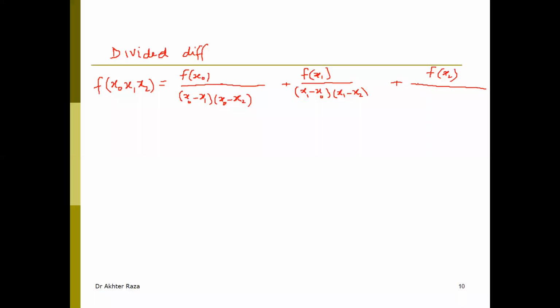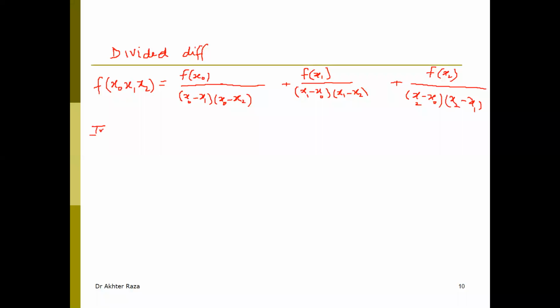If it is x2, then we have x2 minus x0 as the first bracket and x2 minus x1 as the second bracket. Only x2 minus x2, x1 minus x1, and x0 minus x0 are not there. Otherwise, all the differences we will have.